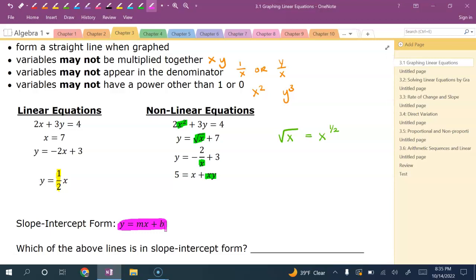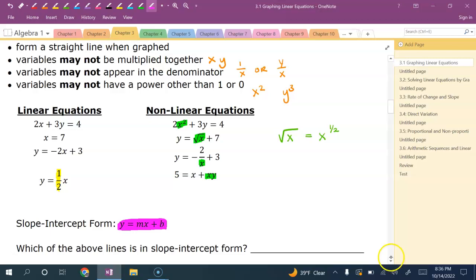Anytime we're talking about graphing a line, that is the form that you're going to hear about. Now, there are other ways to write equations of lines. There are other forms that can be used. However, this is going to be the most common, the most used, the most popular form, so you need to have it in your brain because I'm going to be talking about it a lot. So if I say slope-intercept form, automatically you should think y equals mx plus b.